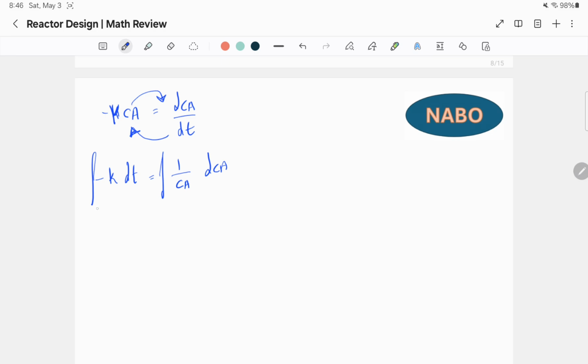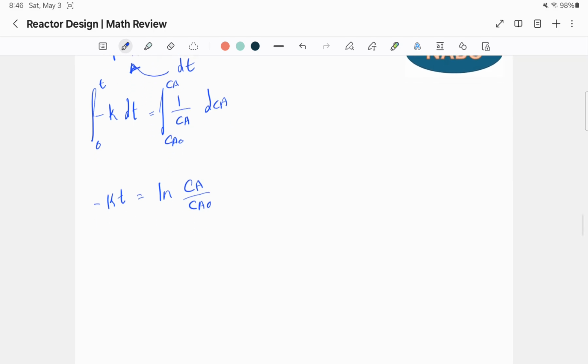Here the limits are from 0 to the final time, and here the limits are from the initial concentration to the final concentration. The left side will be negative K times time equals ln of CA over CA naught. We went through this in the batch reactor theory and the math review, so if you have any problems, check those two videos out.